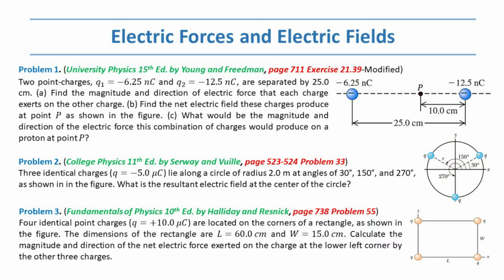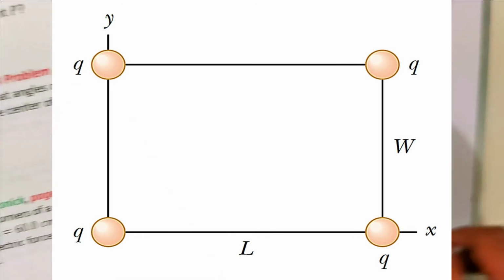The dimensions of the rectangle are length L, which is 60 centimeters, and width, which is equal to 15 centimeters. So you are now to calculate the magnitude and direction of the net electric force exerted on the charge at the lower left corner by the other 3 charges. So accordingly, natay tulo ka charges here, Q1, Q2, Q3, and Q4.